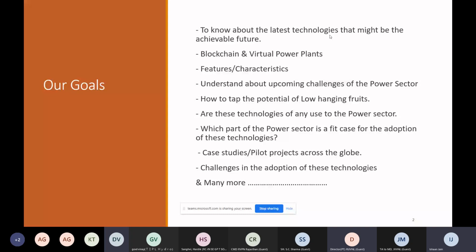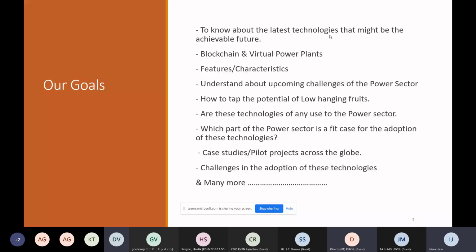We need to understand whether there really are challenges in the power sector which we need to solve by the use of this technology, because at some point we already have a good system which can cater to our needs, but if there are pains and if they are solved by the new technology, then only we need to go towards this technology. So we need to understand the pains of our sector and how these technologies can help.